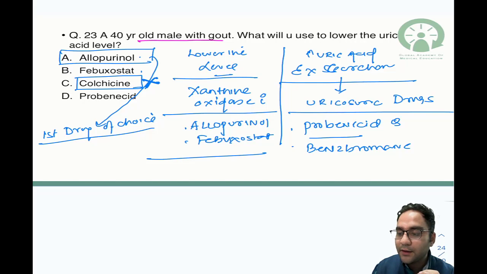So there are certain clear-cut contraindications to allopurinol where febuxostat is used, but the first drug of choice is always allopurinol. And if you are asked what is the drug that is used to excrete uric acid, that is the uricosuric drugs, so in that question your answer would be probenecid. So basically it was integrated pharmacology with clinics.